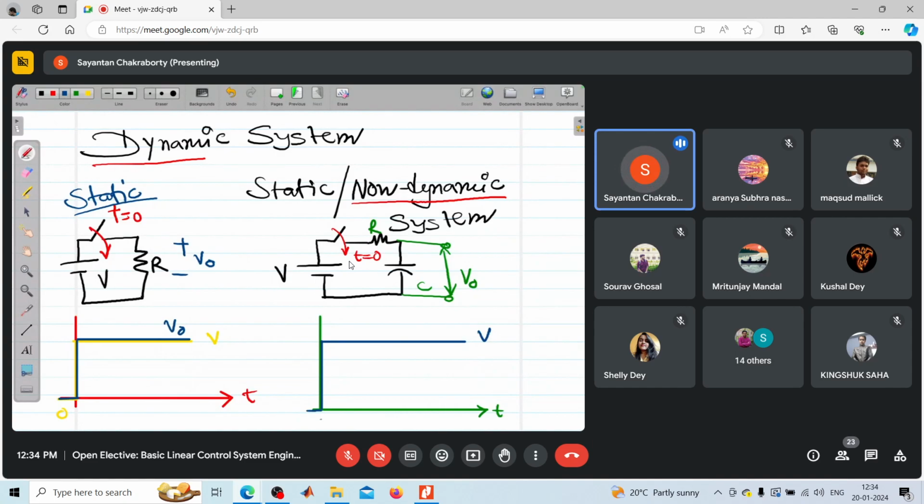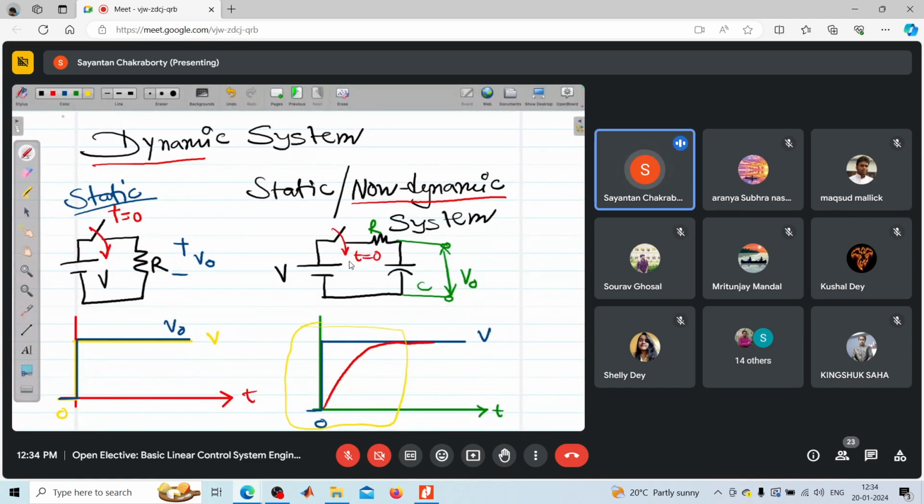At t equal to 0, it takes a value V. The output will be something like this. And normally, this period is called the transient period.